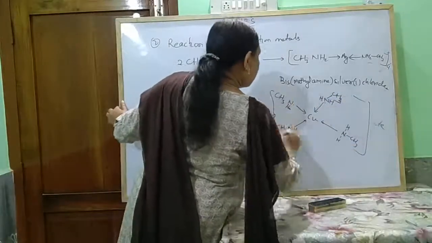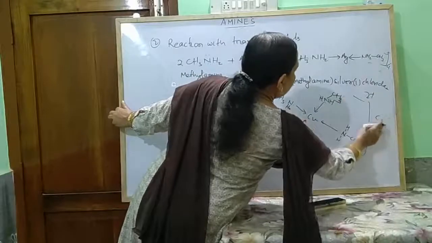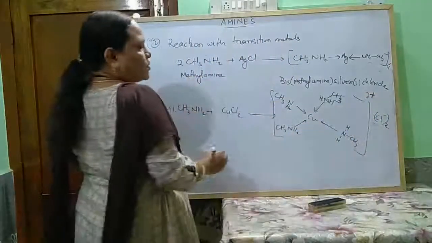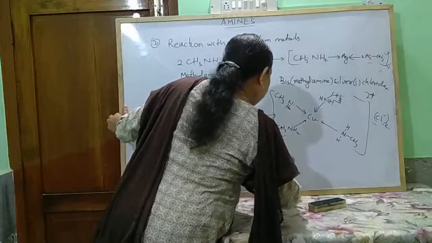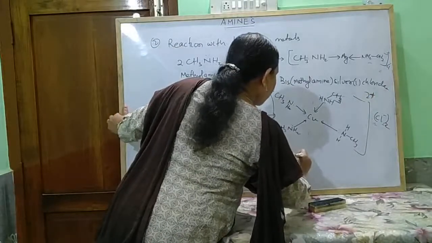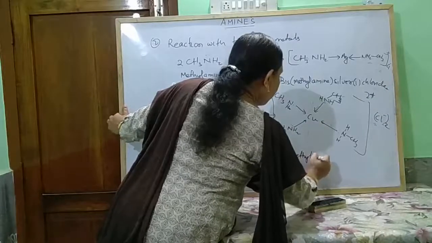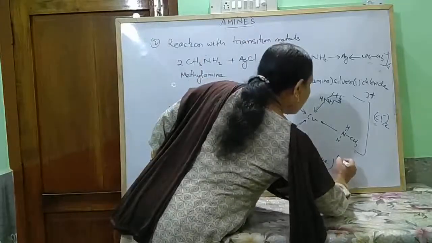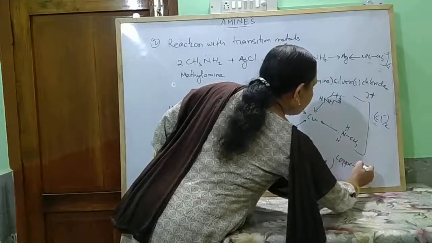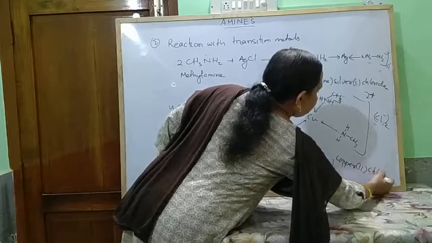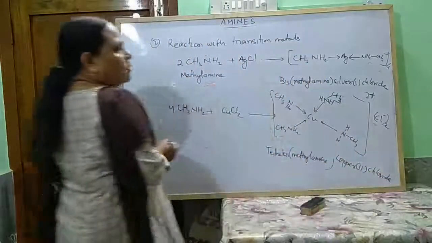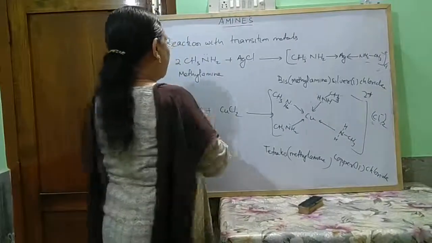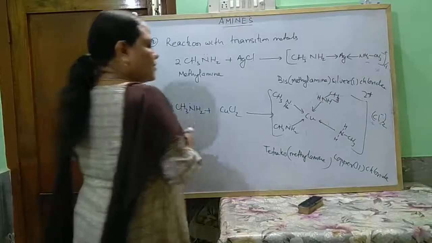This is a complex compound, 2+ with 2 Cl-. So this is tetrakis(methylamine)copper(II) chloride. So this forms complexes like ammonia, due to the presence of a lone pair of electrons on the nitrogen atom.